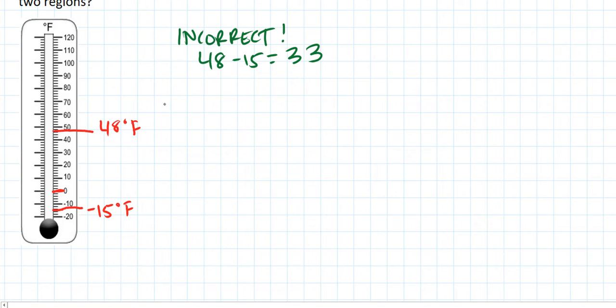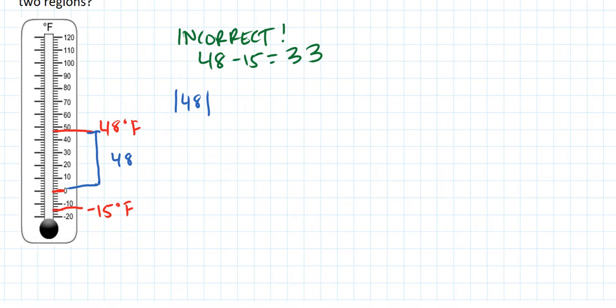So let's kind of break this apart. What I can say is that the distance from 0, the absolute value of 48, okay, so from 0 to 48, this is a distance of 48. This is 48 degrees from 0 to 48.